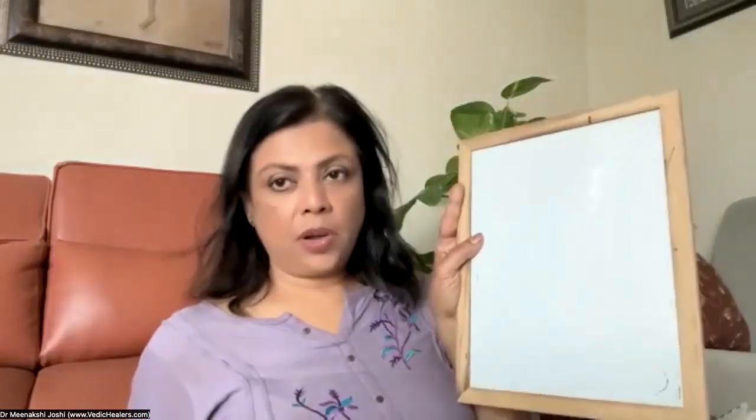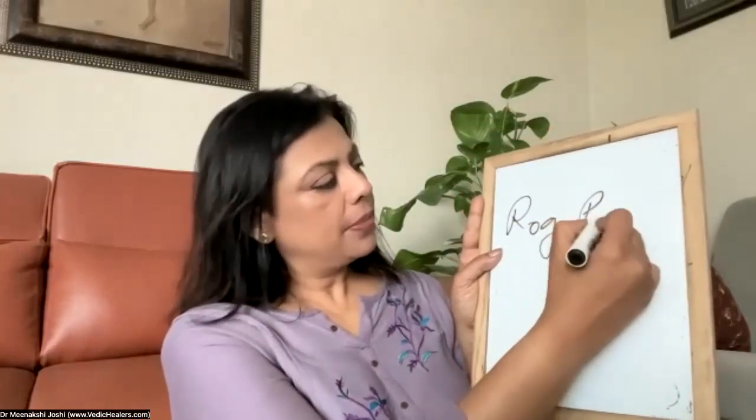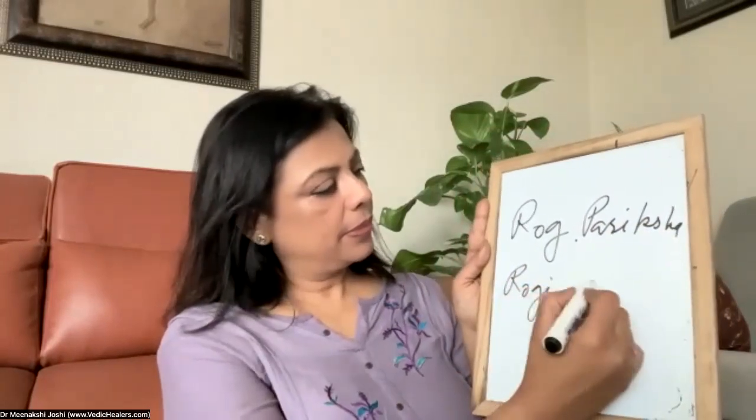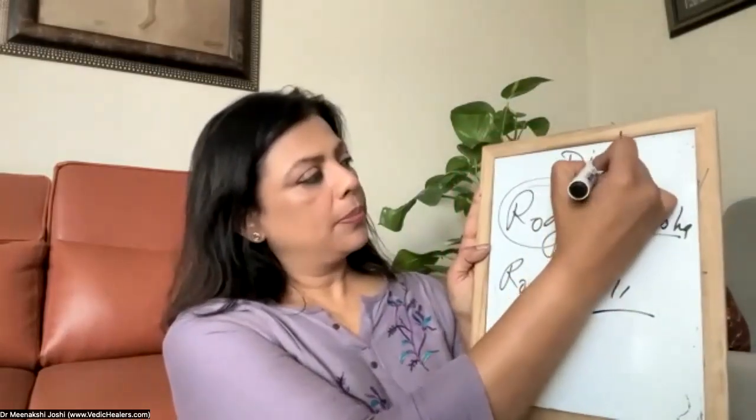Okay. So I was telling you that two types of examinations are very, very important when we talk to a person: Roga pariksha and Rogi pariksha. Pariksha means examination, right? Roga means disease, problem.